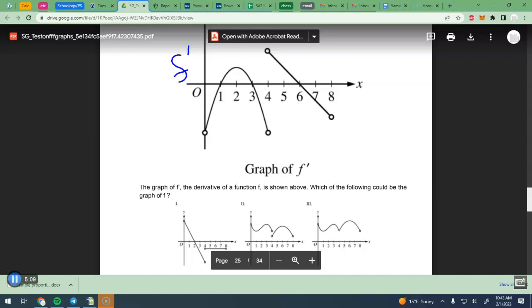I always start by asking where the slope is 0. If this were the correct answer, the slope is 0 between 4 and 8, right? So I would need the derivative to have a value of 0 between 4 and 8.